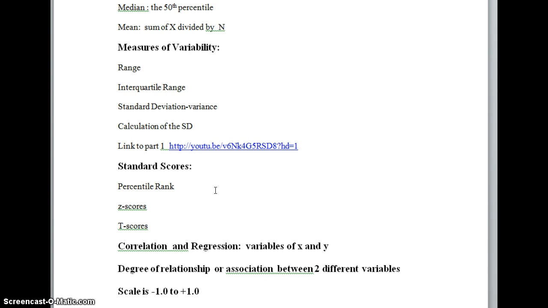Now, the advantage of t-scores is they get rid of that for you. T-scores take a z-score and figure a mean of 50 and a standard deviation of 10. All you have to do with t-scores is think of 50 in the middle, and then +1 would be 60, +2 would be 70, +3 would be 80.